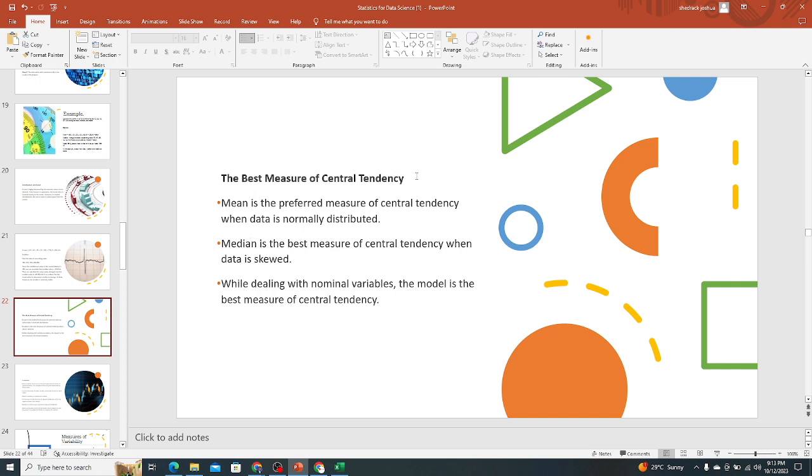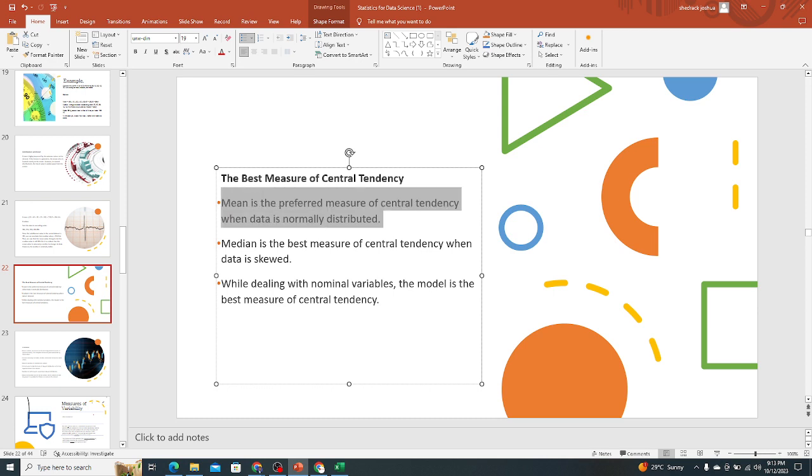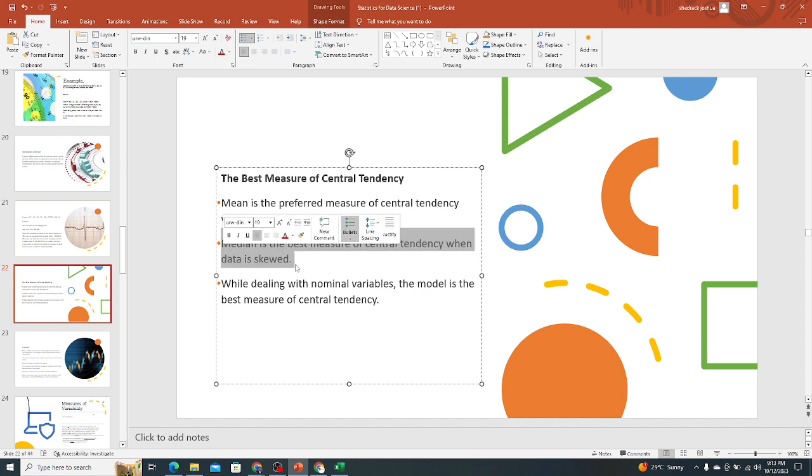We have measures of central tendency, just some closing remarks. Mean is the preferred measure of central tendency when data is normally distributed, like we are having no skewness at all in our data. Median is the best measure of central tendency when the data is skewed.